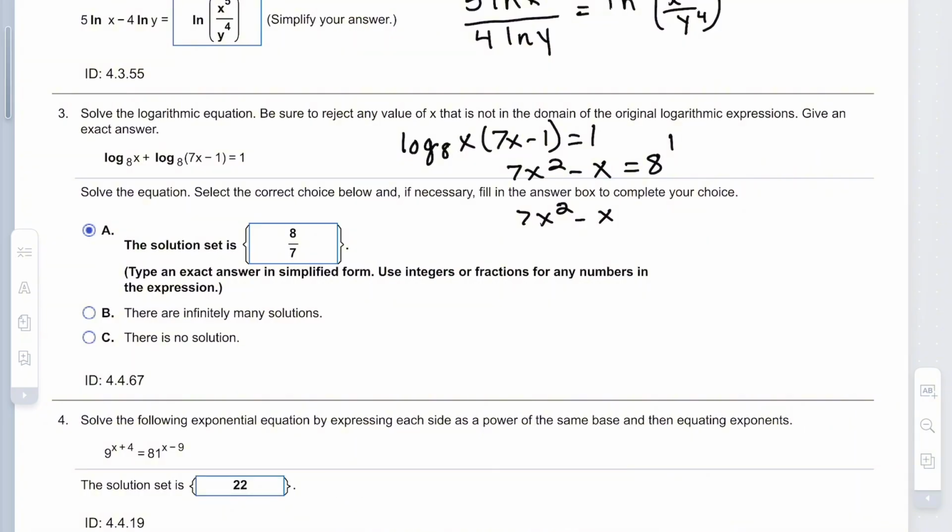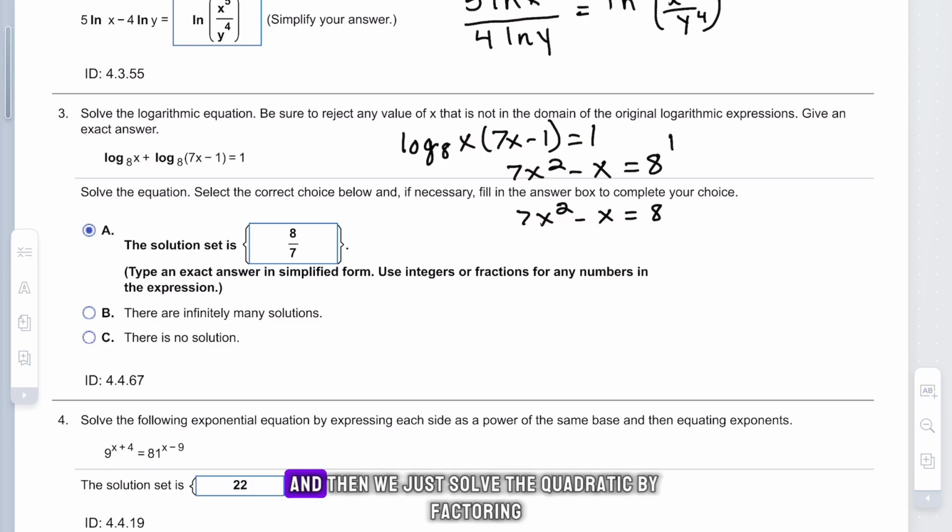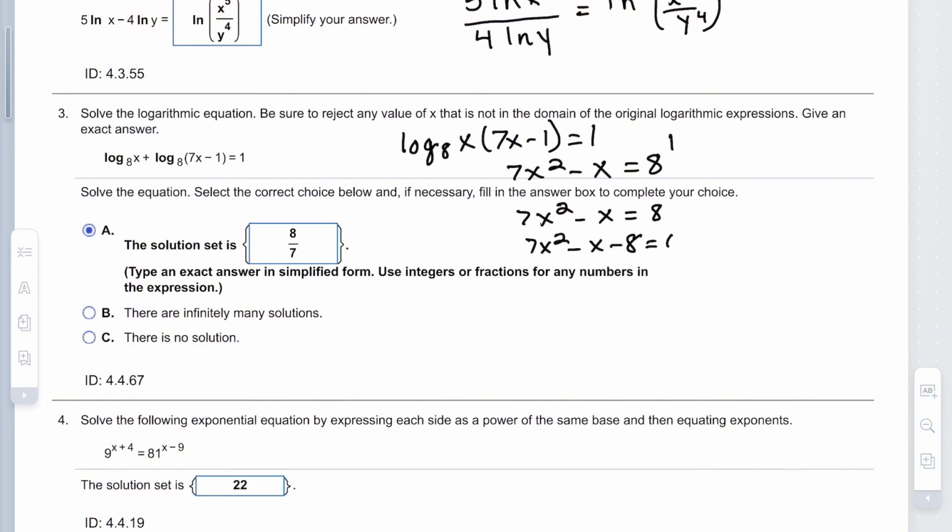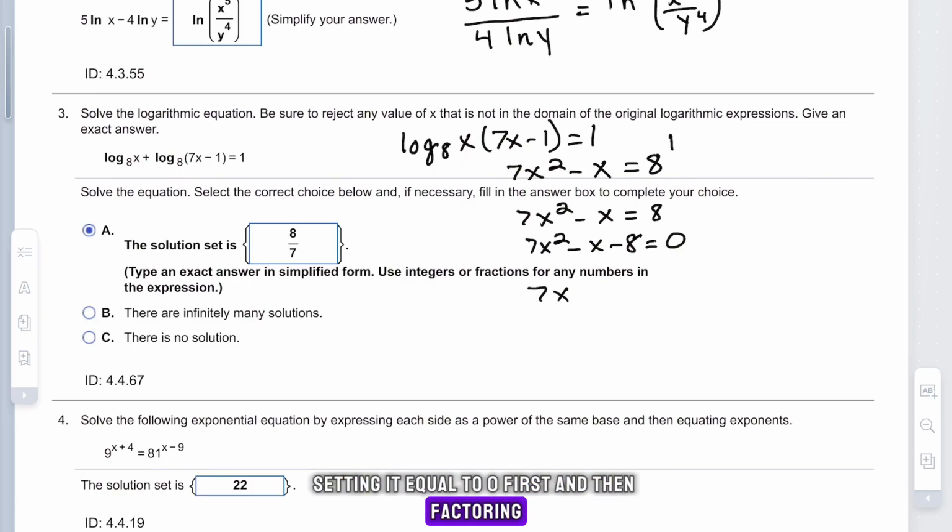So set that equal to 8. And then we just solve the quadratic by factoring, setting it equal to 0 first and then factoring.